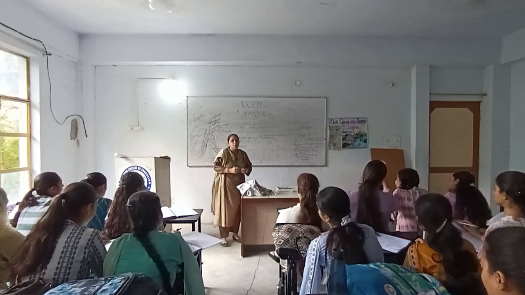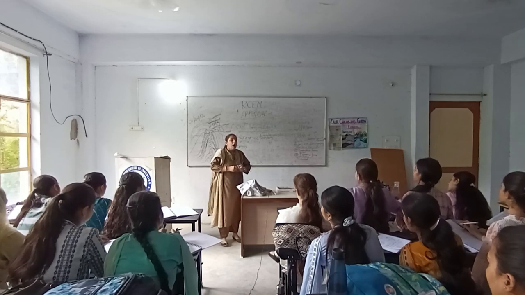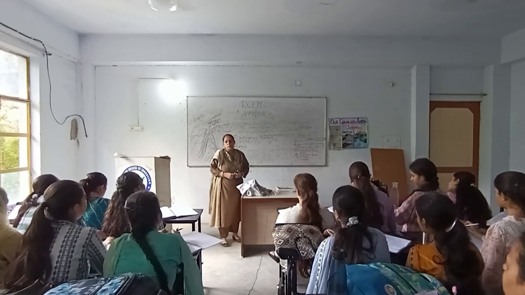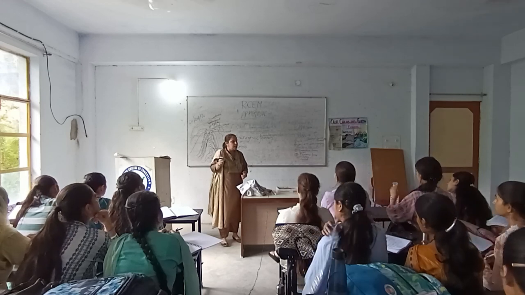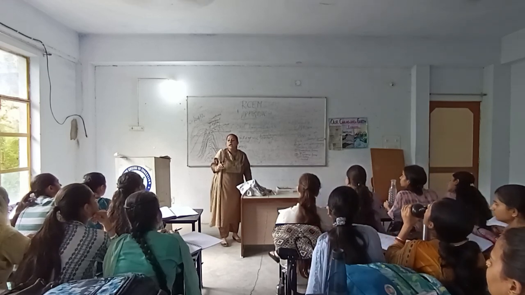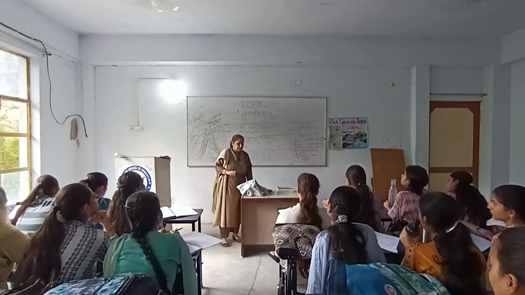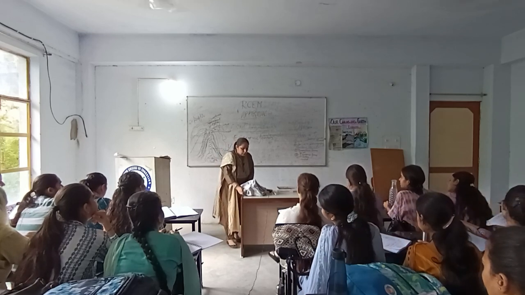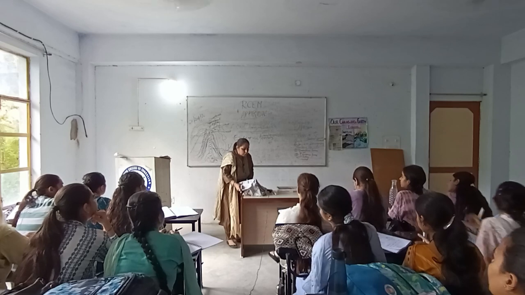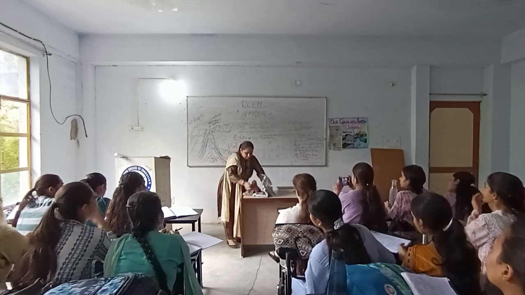So these volcanic eruptions happen on various parts of the earth, on the continents and also inside the oceanic parts. Here is a demo of a small model of a volcano.